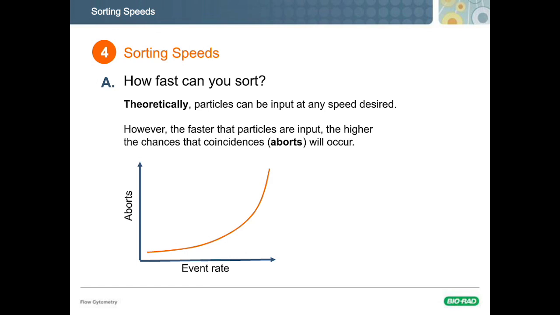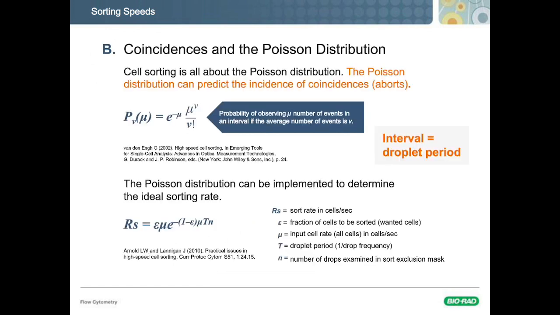I would always love to push out some sort of physics upgrade package and make everybody sort at 1 million droplets per second. But what you really end up with comes down to all of those coincidences, all of the timing, all of the probabilities for particles ending up with contaminants in droplets and not being able to go where you want them to. And that gets into where you can start the analysis.